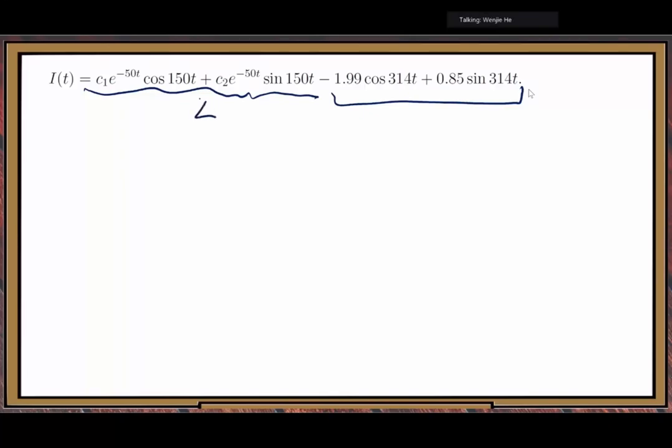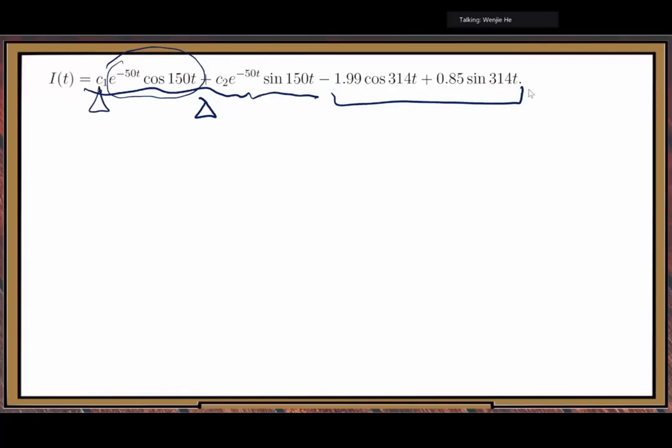they wrote 4 terms. Here we have 2 terms, right? 4 terms. 2 of the terms have this part, same E function, same cosine, but just the coefficient is different.